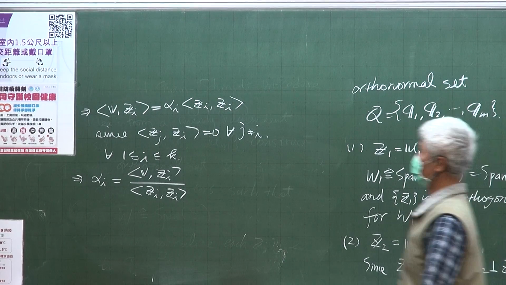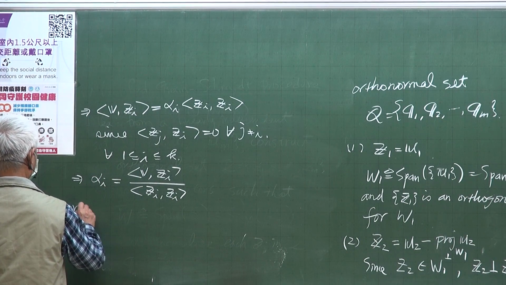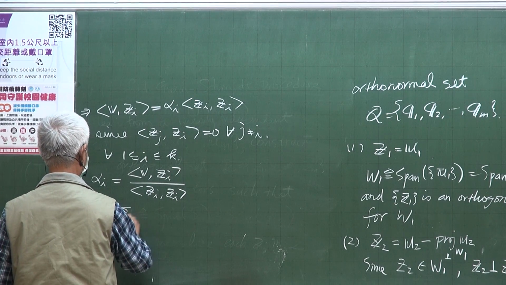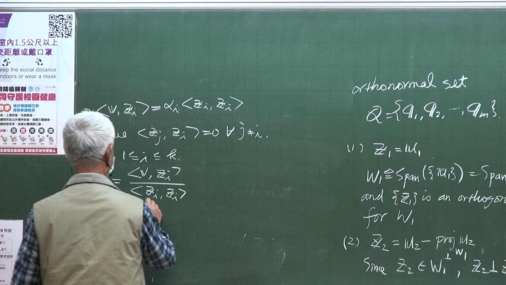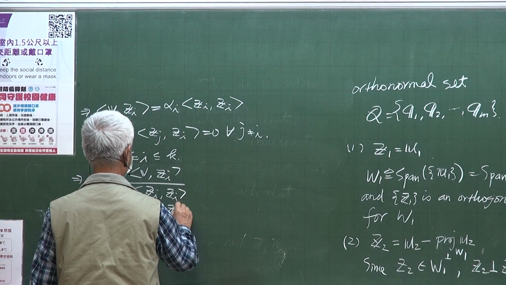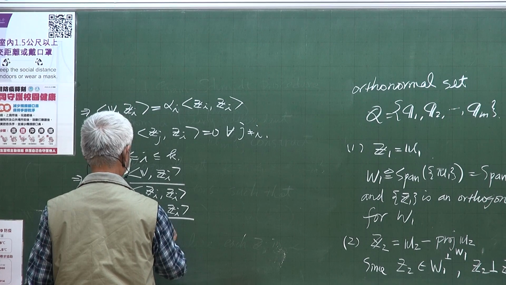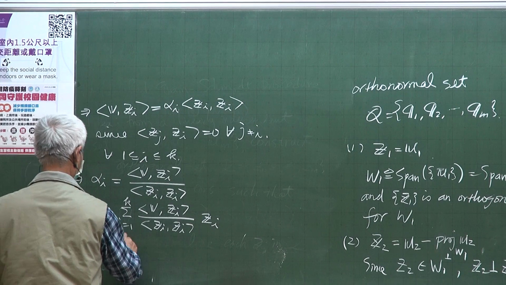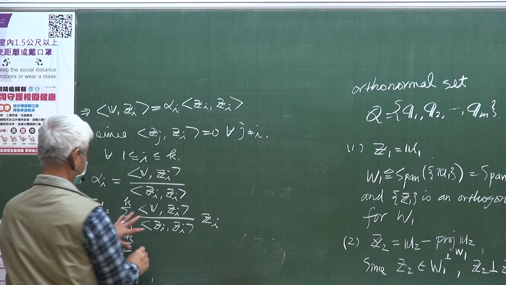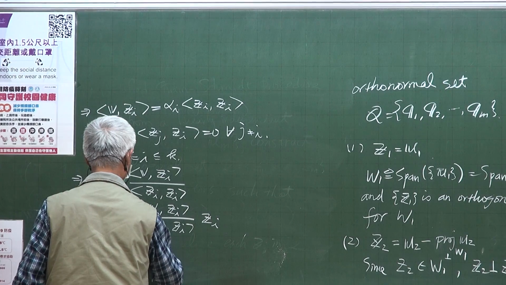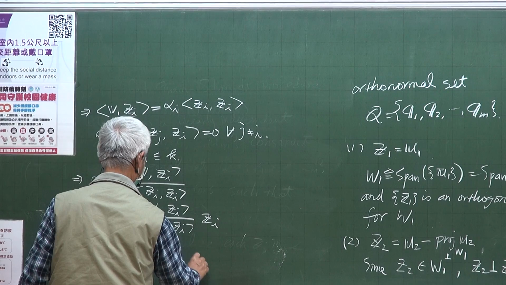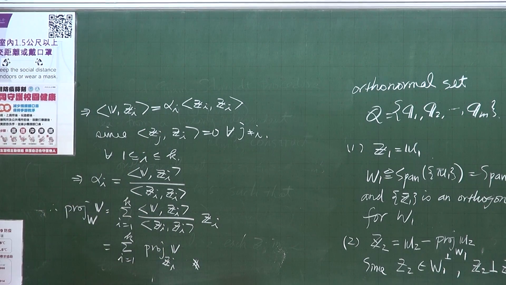So finally, the projection of v onto W becomes the summation i from 1 to k of <v, zi> over <zi, zi> times zi. And this formula is exactly the projection of v onto zi. And we have done. So we proved this theorem.